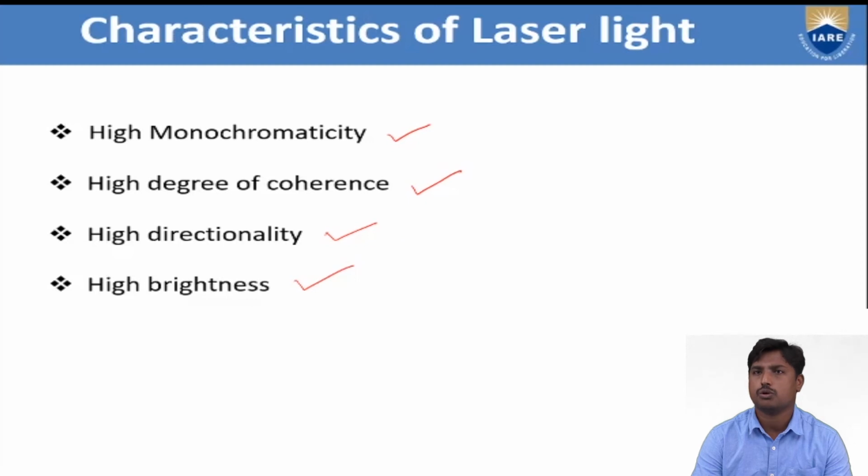Coherence means the released photons are in the same phase or amplitude, and then they are said to be coherent. Directionality is also very high, and brightness is high. These are the 4 characteristics of lasers.